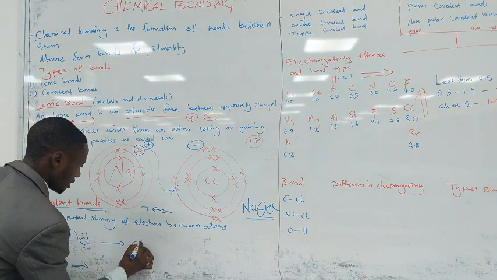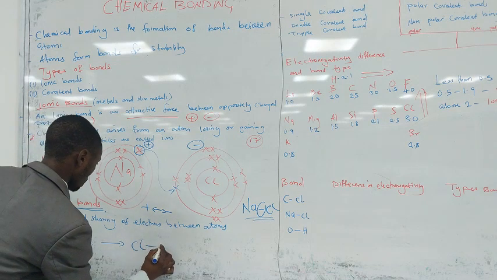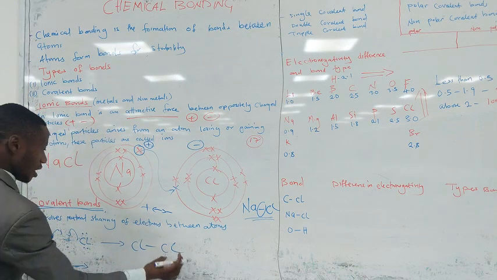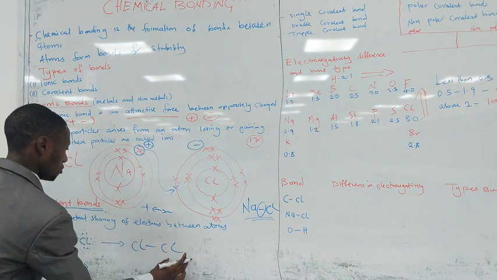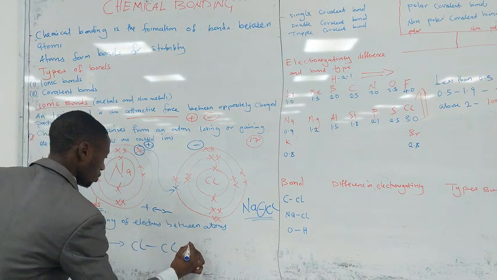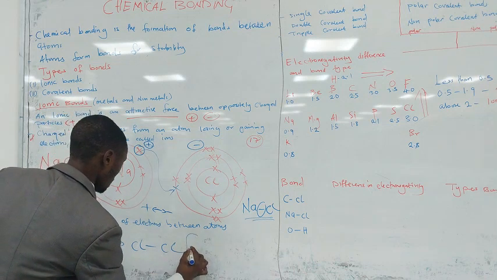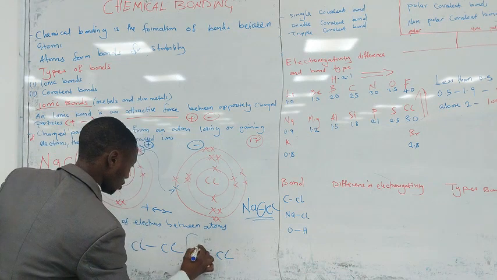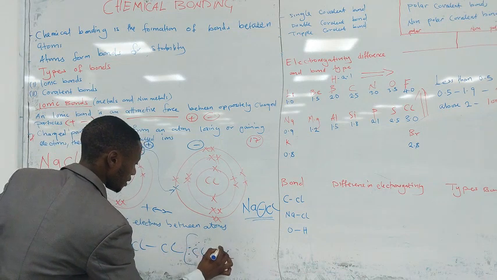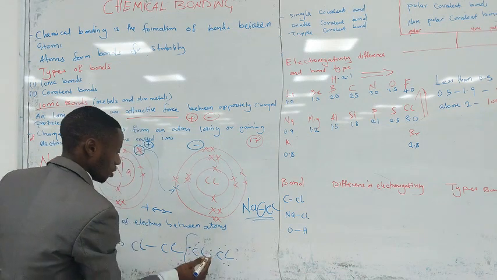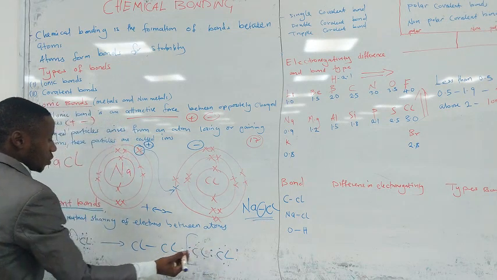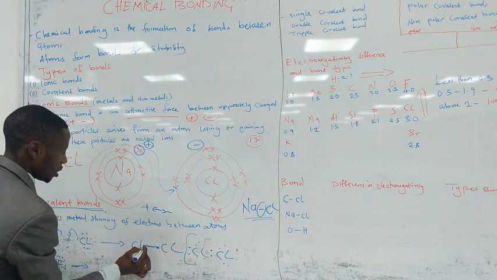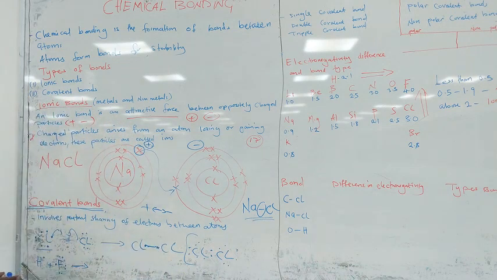So there is one electron from this chlorine and also one electron from this chlorine. You can show it in this way here. So when you draw a line, it simply means two electrons, one from this chlorine and the other from that chlorine.